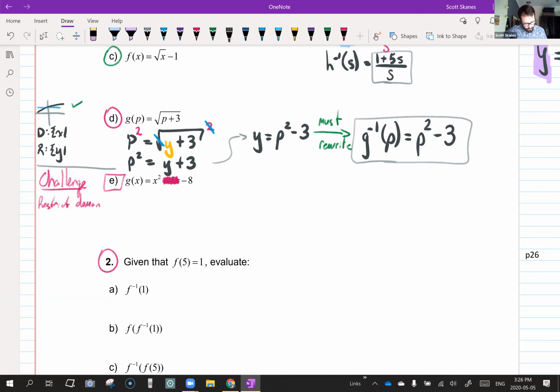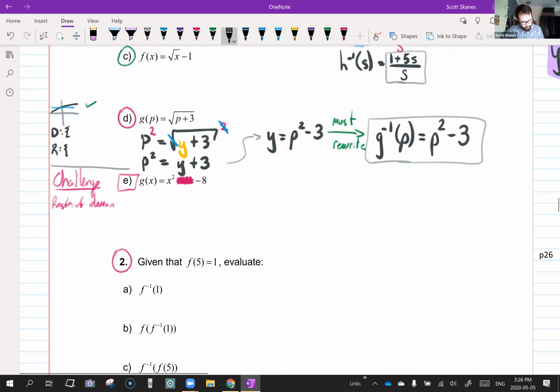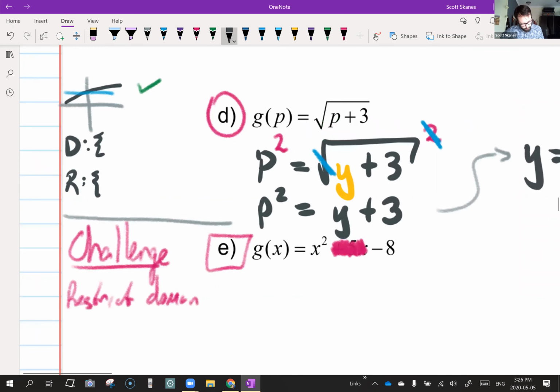I guess it shouldn't be x, it should be p, and it should be, let me zoom in here. This is probably the trickiest part of this question. So let's look at this little sketch.